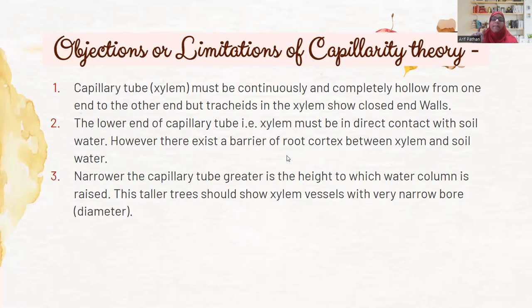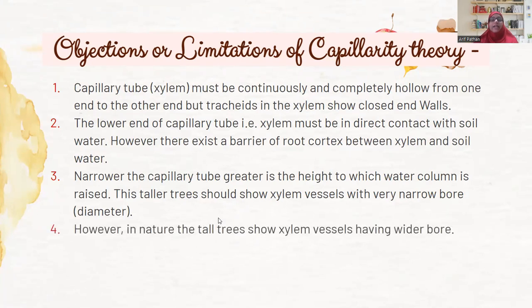The narrower the capillary tube, the greater the height of the water column. So taller trees should show xylem vessels with very narrow bore, but it's the opposite. Bigger trees have bigger xylem vessels, bigger diameter. However, in nature, the taller trees show xylem vessels having wider bore.